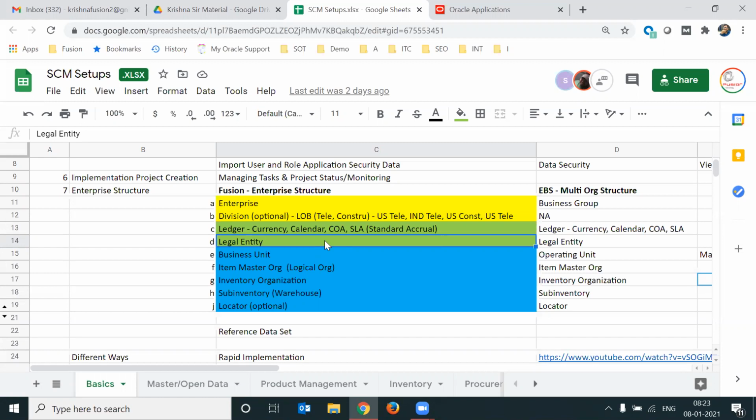According to the lines of business the client has, that many legal entities we need to create in the application. In the Aurobindo case, it has two legal companies, which means we need to create two legal entities. Also, these legal companies are mostly country specific, because if you have taken legal permission in India, you cannot do operations in the US or any other country.